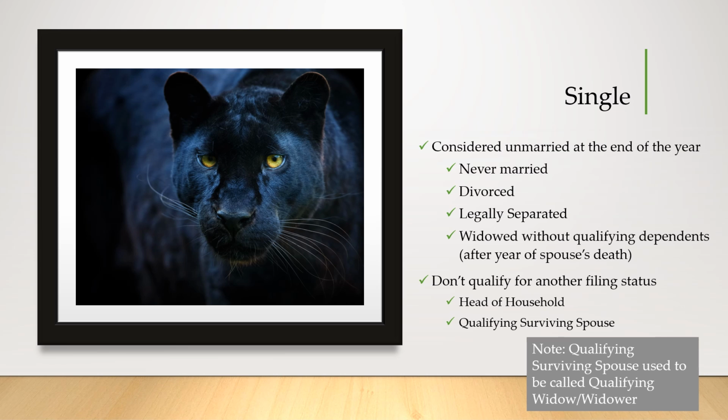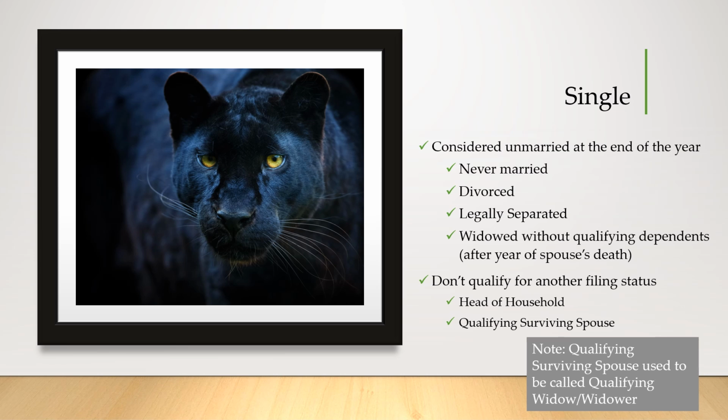And that's really important to remember, that not every widow or widower will qualify as a qualifying widow or widower. There are special rules, special qualifying circumstances that allow somebody to claim that.